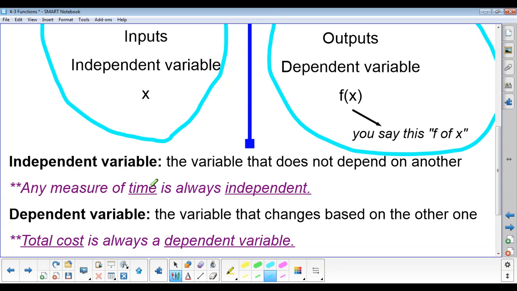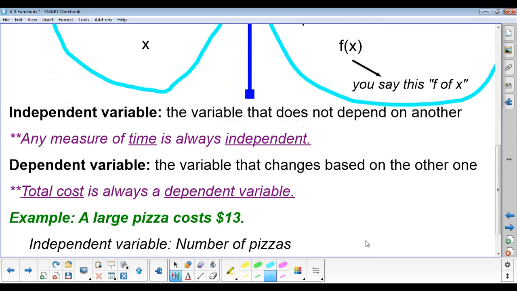Just as a note, time is always going to be independent. Dependent variable means the variable that changes based on the other one. It should make sense that that's our y variable because y depends on what x is. We get y based on plugging an x value in.